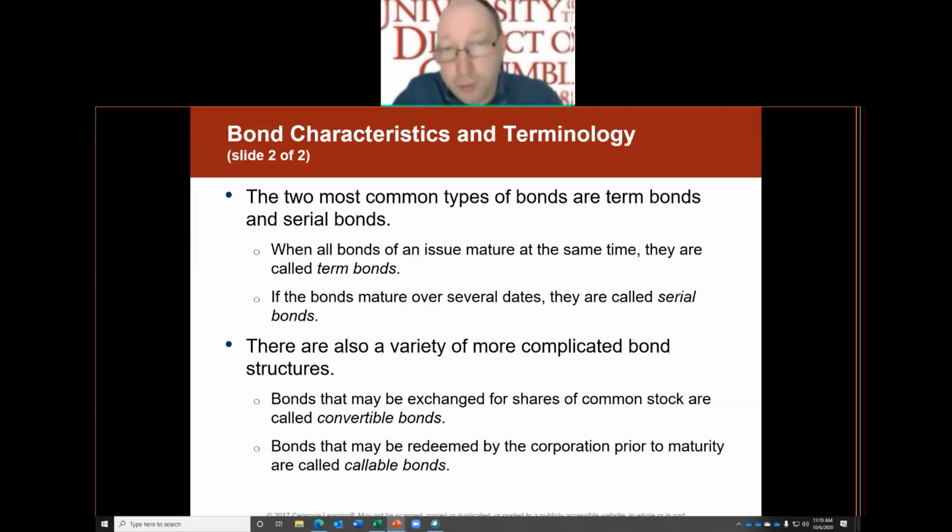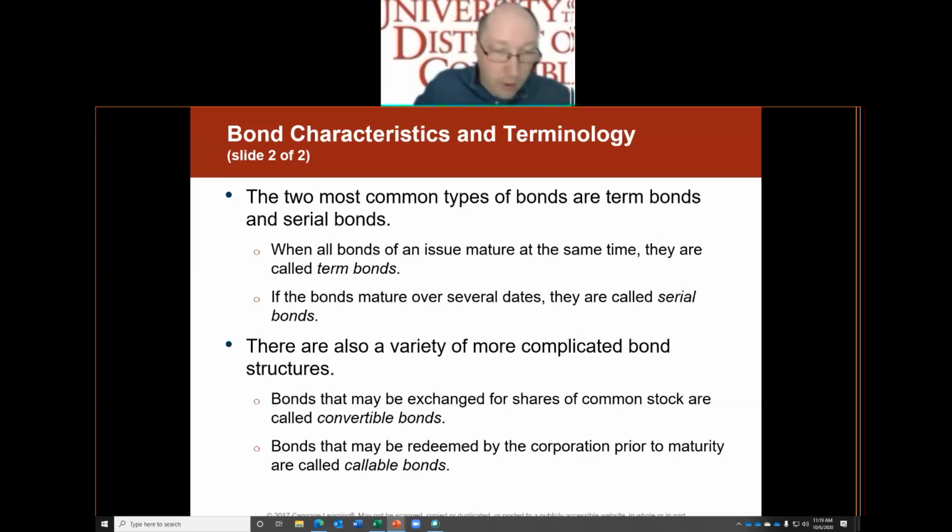The other most common type of bond is called a serial bond. Serial bonds mature at several different dates over time. So if you have 1,000 different bonds that make up one bond, those 1,000 different bonds might mature at different days throughout the calendar year.